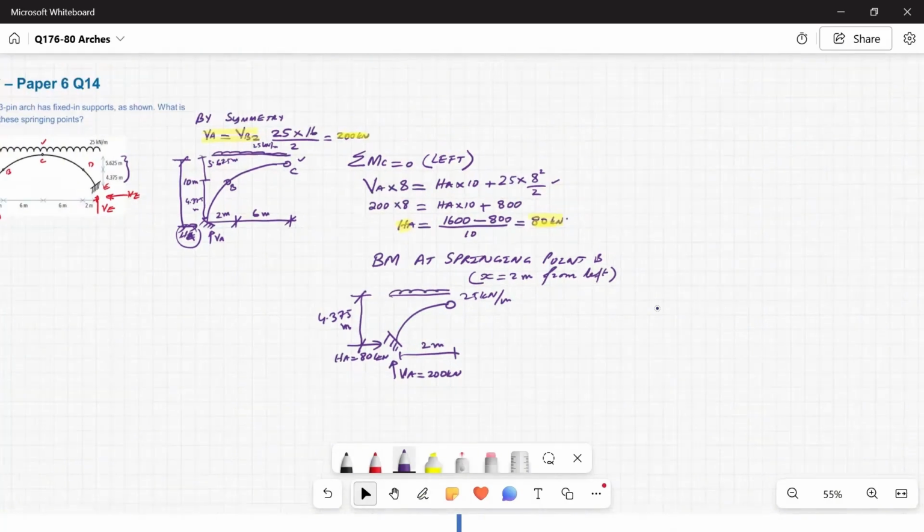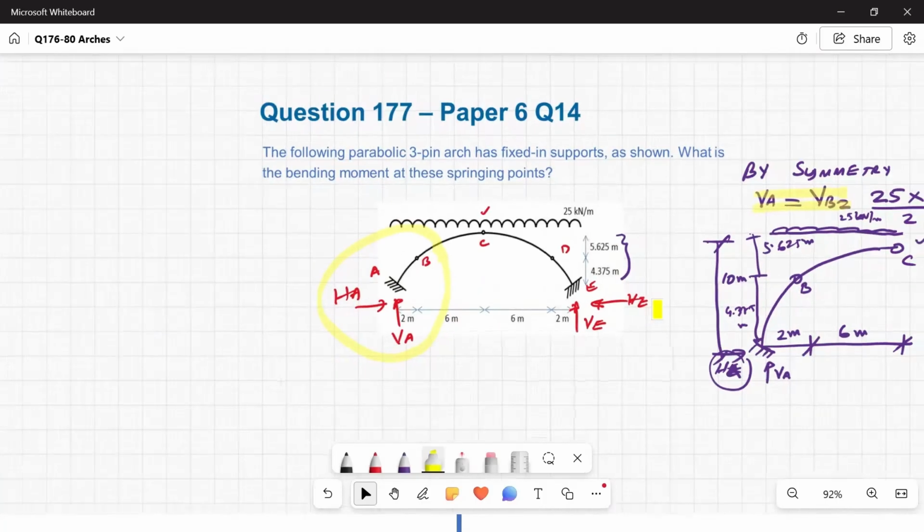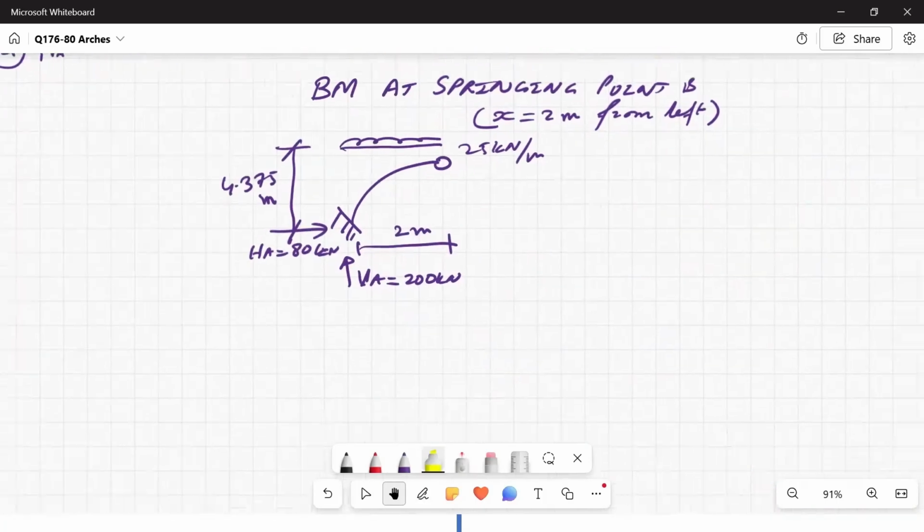We have simply isolated this part over here, and we have put it over here.